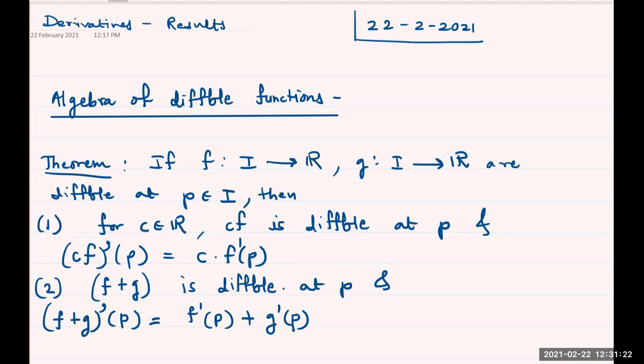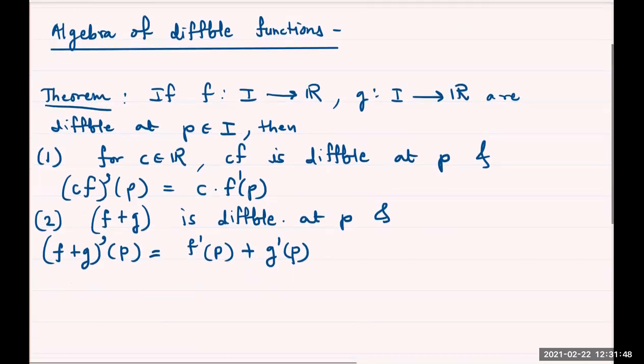This is the formula. So derivative of f at p, notation क्या होता है? f dash p. So how do you read it? One way of reading is (f plus g) dash at p is equal to f dash at p plus g dash at p. That is one way of reading.